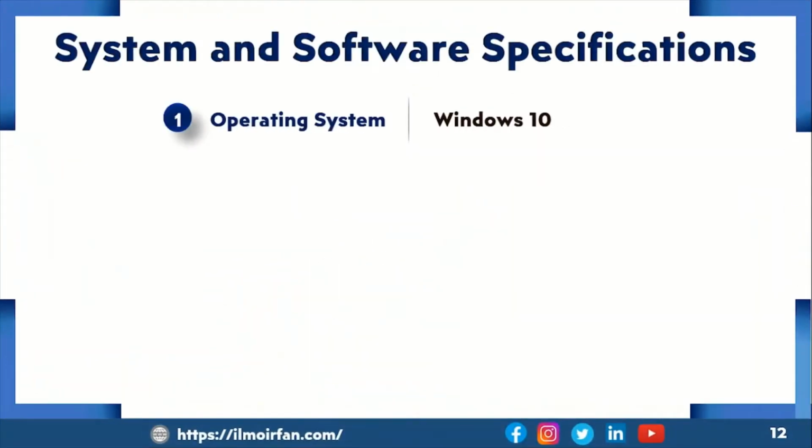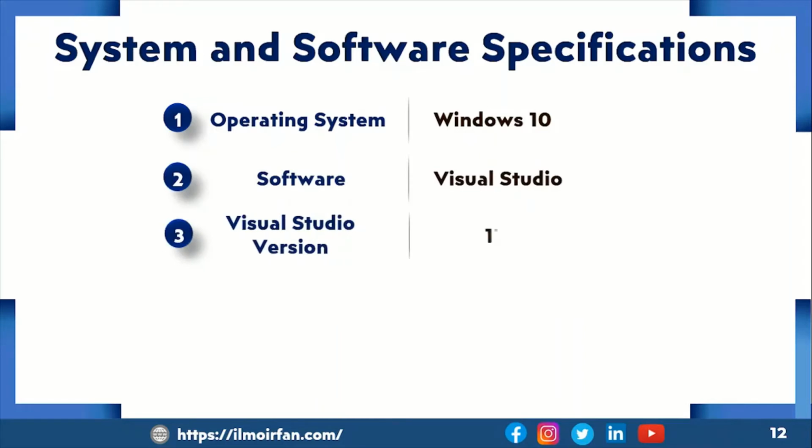The system and software specifications to download latest version of Visual Studio for Windows operating system are as follows. Operating system is Windows 10. Software name is Visual Studio. The version of Visual Studio is 17.3 and it was downloaded on 29th August 2022.